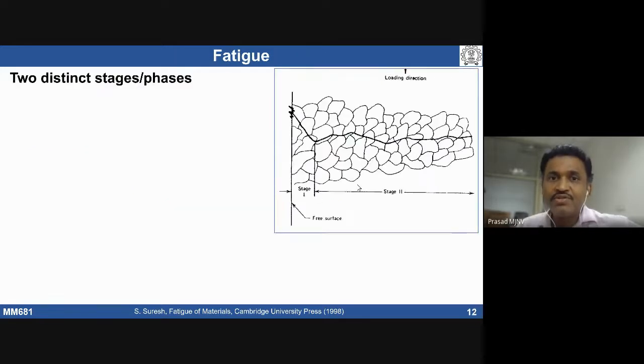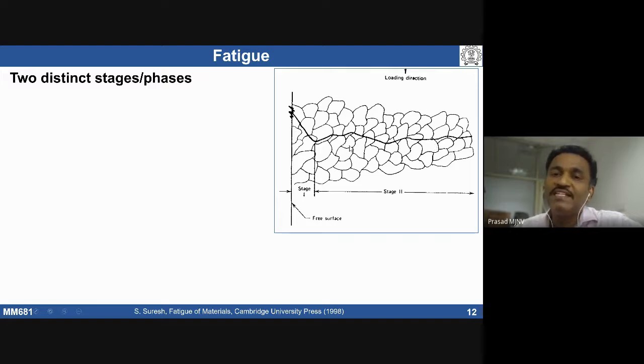The fatigue process involves two important stages. One is crack initiation: a crack gets initiated, and this crack is going to propagate during further deformation.